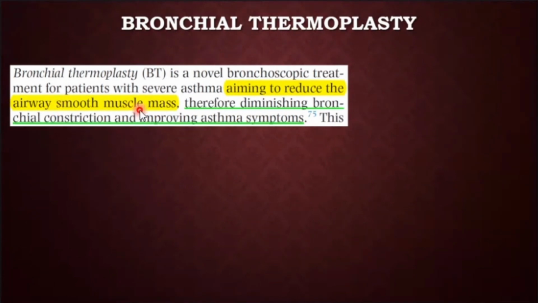So this has nothing to do with your mediators and all that. The only thing that bronchial thermoplasty will do is try to decrease that mass, because if, because of inflammation and all that, there is too much muscle, the power of bronchoconstriction is very high. So the aim with bronchial thermoplasty is to reduce that mass. Therefore, it diminishes the bronchoconstrictive effects and theoretically should help in improving asthma symptoms.